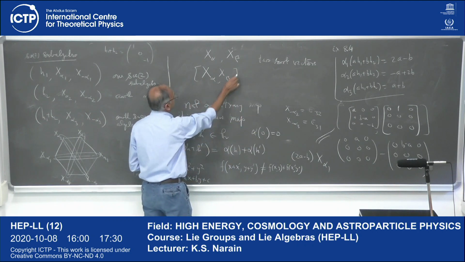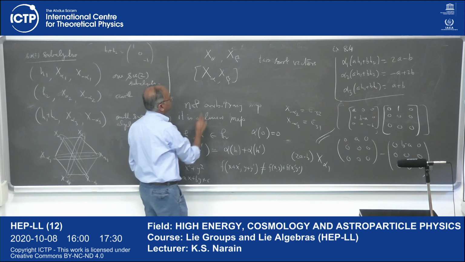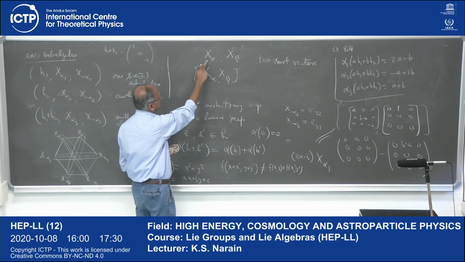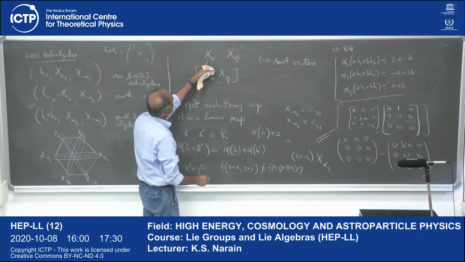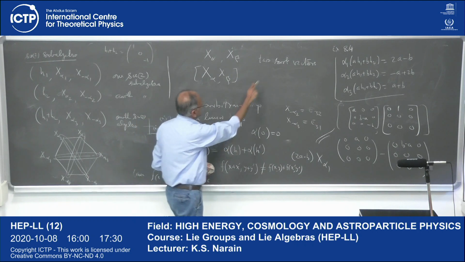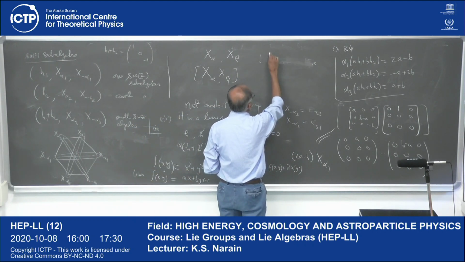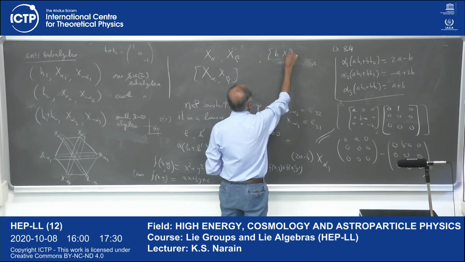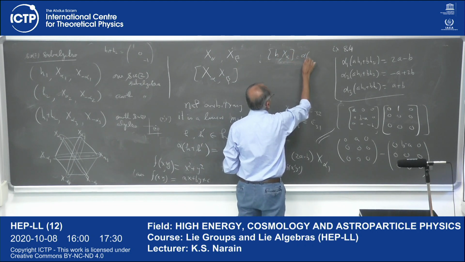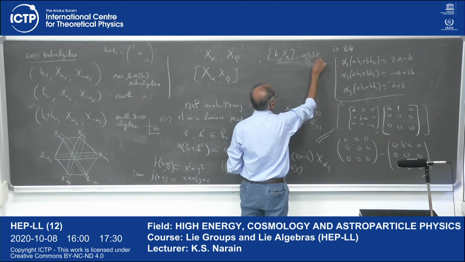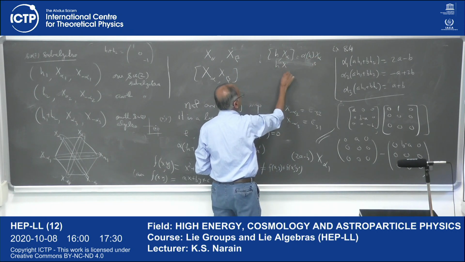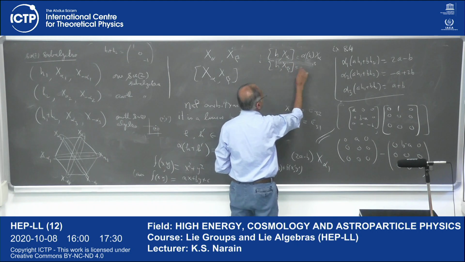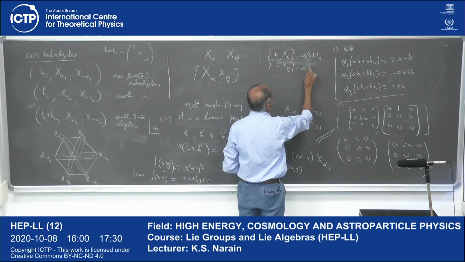The first question was whether this is a root or not. Remember, what was the meaning of that? This means [h, x alpha] = alpha(h) x alpha, and [h, x beta] = beta(h) x beta.